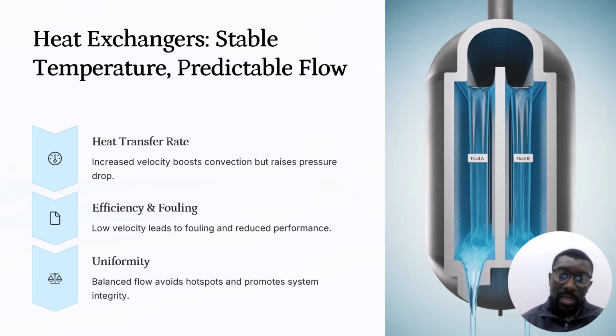On efficiency and fouling, we observed that low velocity leads to fouling and reduces performance, while uniformity helps balance the flow, which avoids hot spots and promotes system integrity. So this is basically how it is visualized on the right hand side.